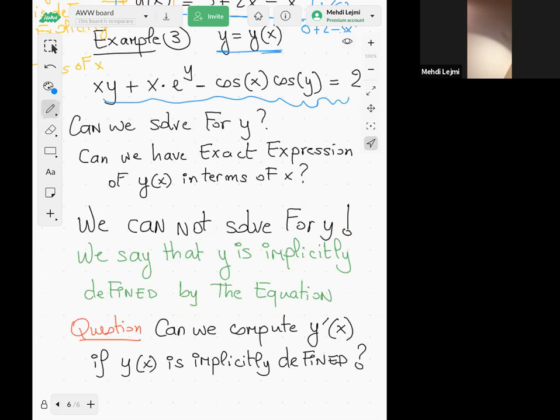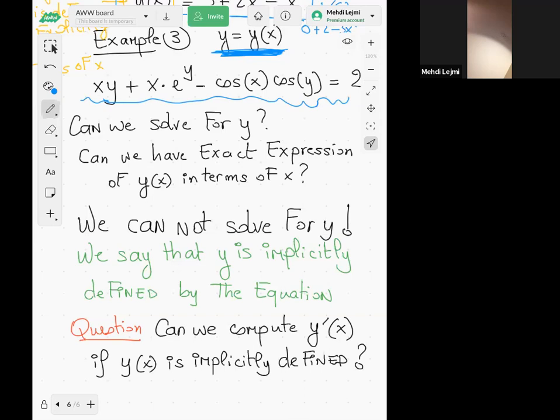So if y is a function of x, in theory we are supposed to be able to compute the derivative of y with respect to x. However, there's a problem: you cannot solve for y, you cannot have the exact expression of y. So the question is, is there another way to compute the derivative, even if y is implicitly defined?